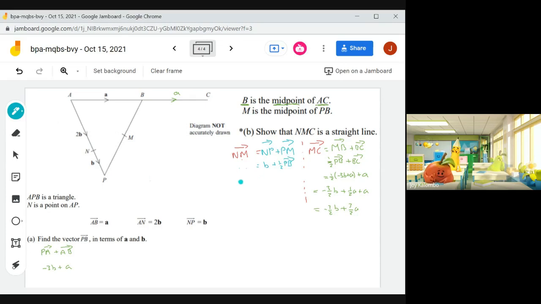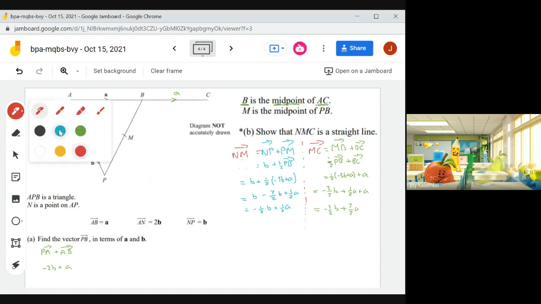So that's B plus a half of minus 3B plus A, because PB was that in our first part. And then we get B minus 3 over 2 lots of B plus a half A. And that equals minus a half of B, because 1 minus 3 over 2 is minus a half, plus a half A.